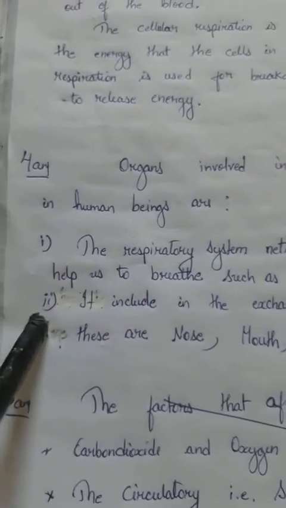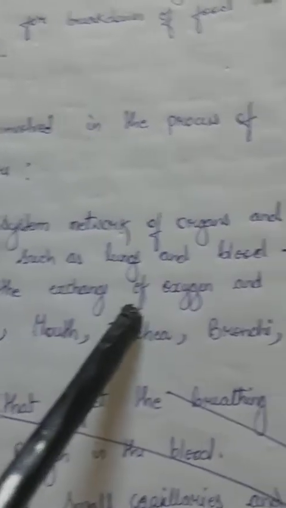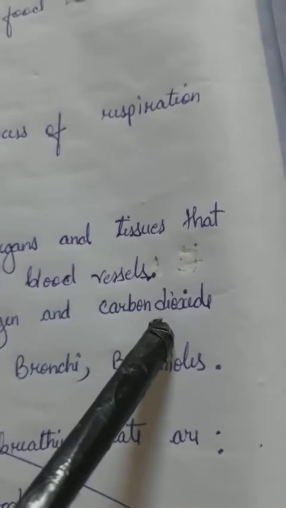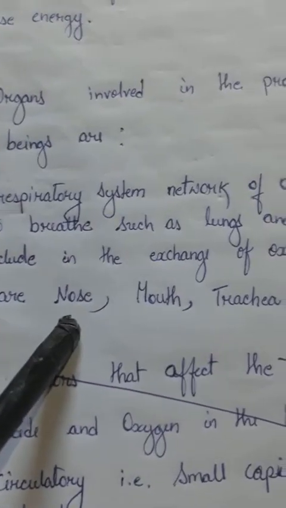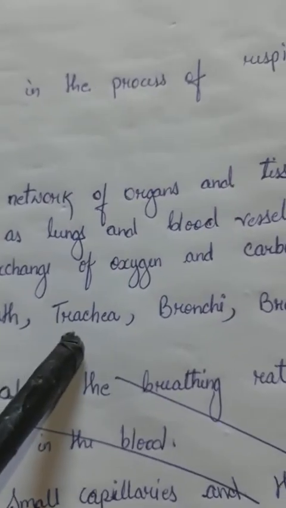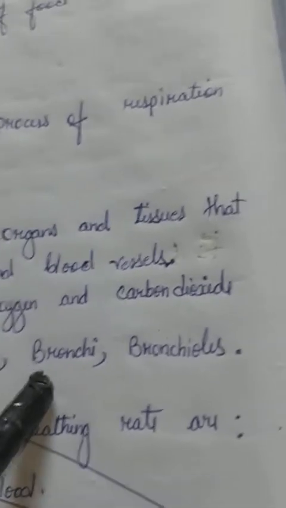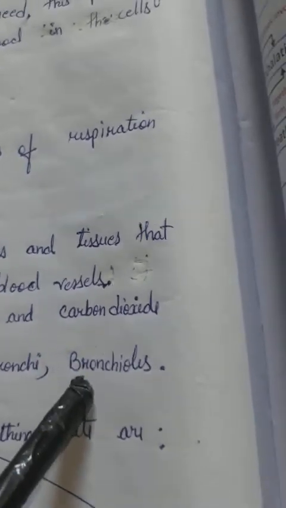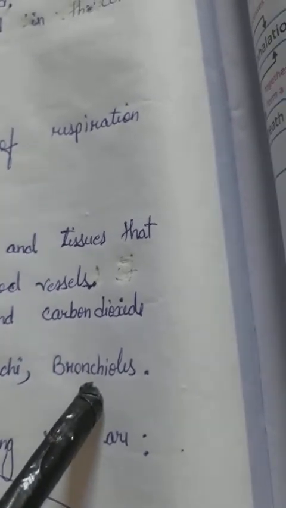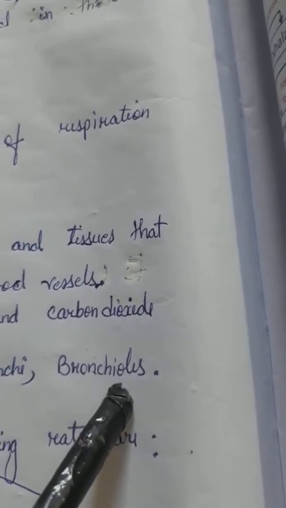Point number 2, it includes the exchange of oxygen and carbon dioxide. These are nose, mouth, trachea, T-R-A-C-H-E-A, trachea, bronchi, B-R-O-N-C-H-I, and the last one is bronchioles, B-R-O-N-C-H-I-O-L-E-S. Full stop.